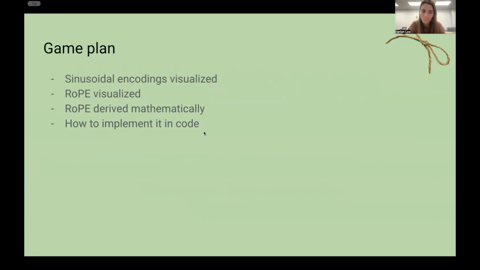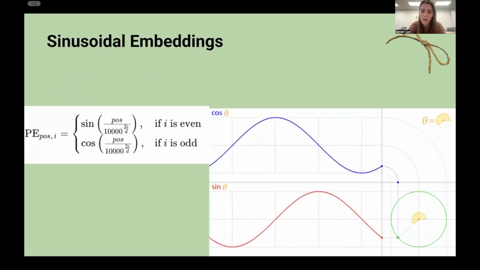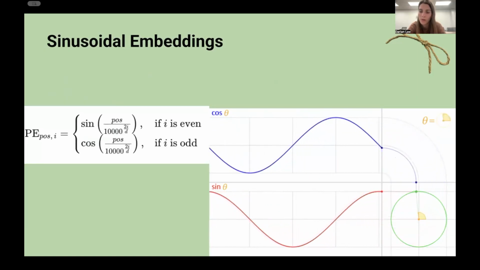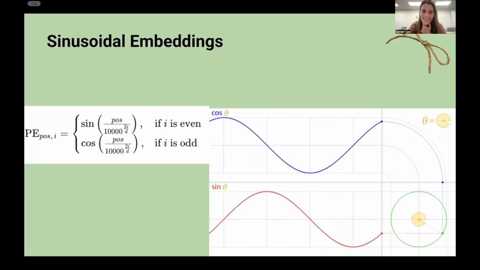So, sinusoidal embeddings were introduced in 2017, when the first Transformers, the Attention Is All You Need paper, was written.